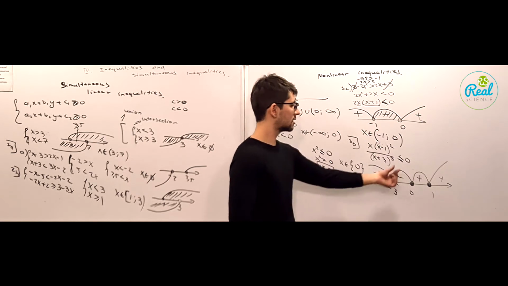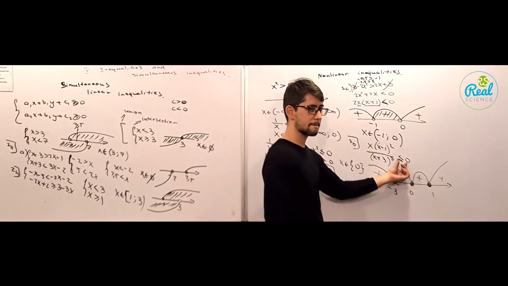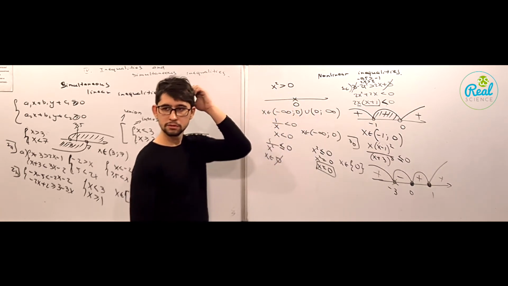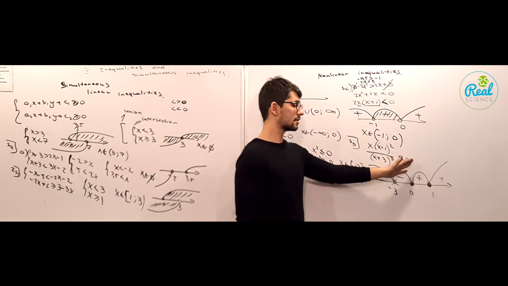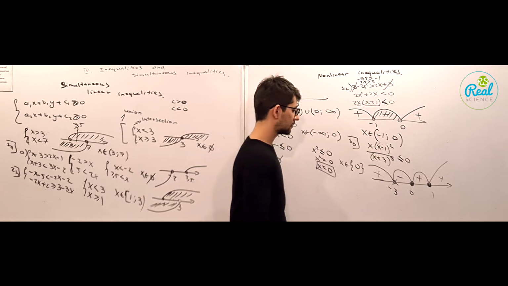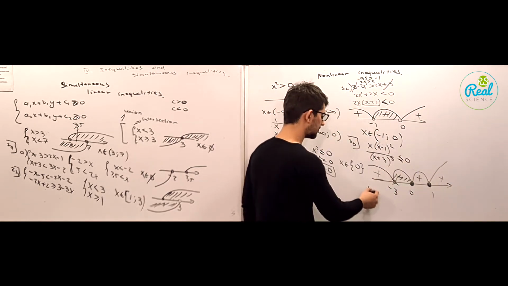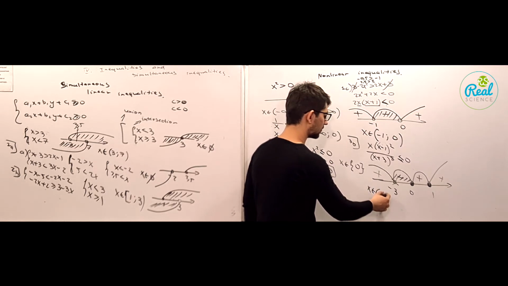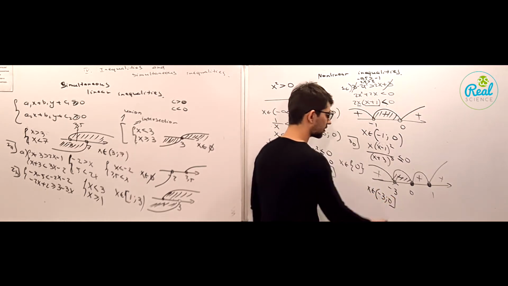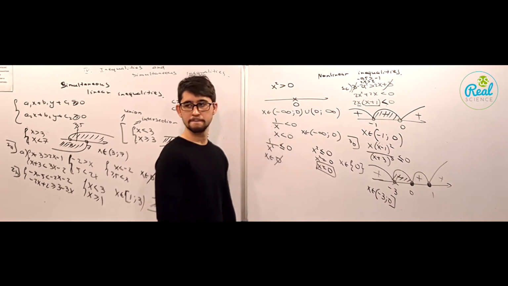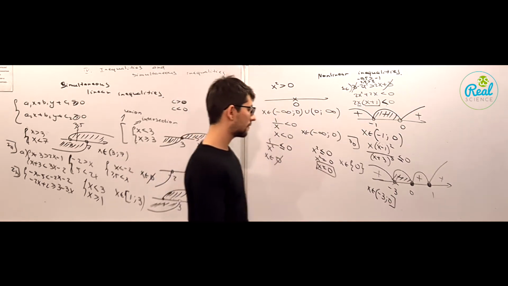So you are asking about positives or negatives? Less than 0 means negative, right? Negative, yes. So the only interval is x from minus 3 till 0. Okay, what about this number? What about 1? We are asking about negative.